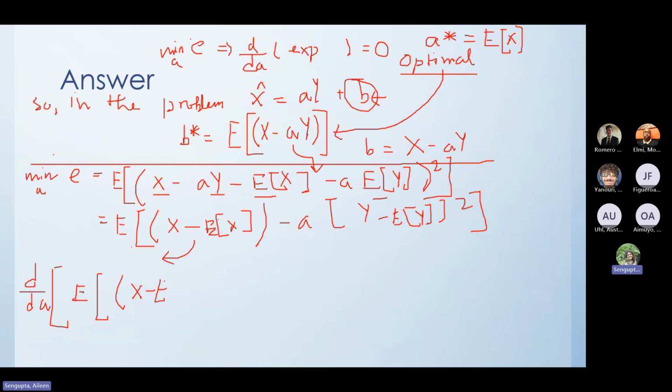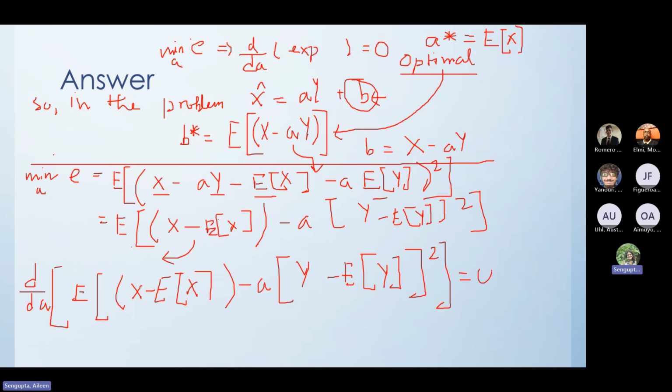Okay, the expected value of X, right? And then you have the expected value minus A, you have Y minus expected value of Y. Now, at this point, I would try to stop you guys from expanding. Leave it just like this and then equate this to 0.